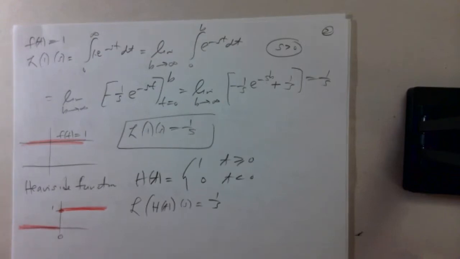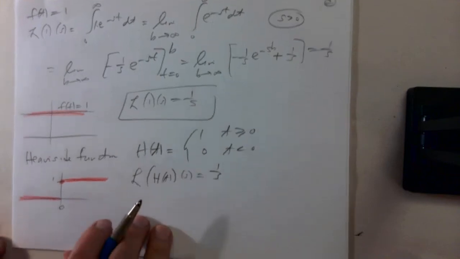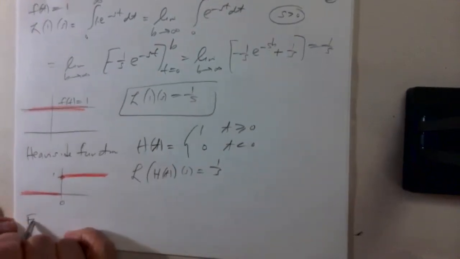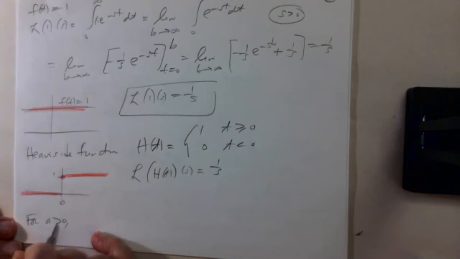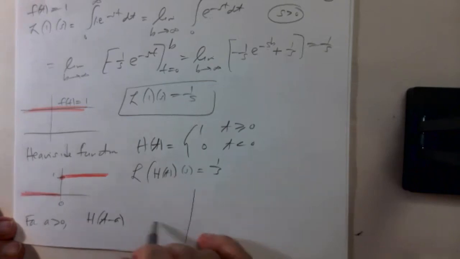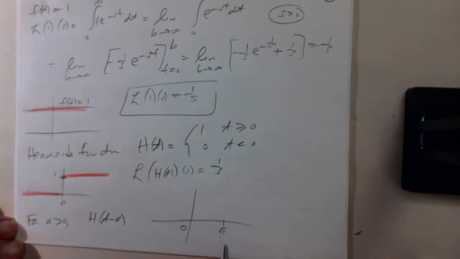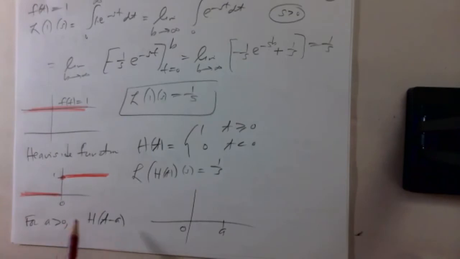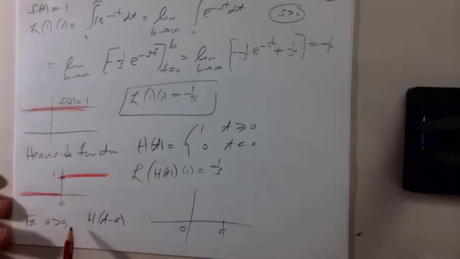An interesting thing about the Laplace transform, about the Heaviside function, is: for a greater than 0, h of t minus a is what? Well, when you replace t by t minus a, you learned in Calc 1, this shifts the graph of the function a units to the right.